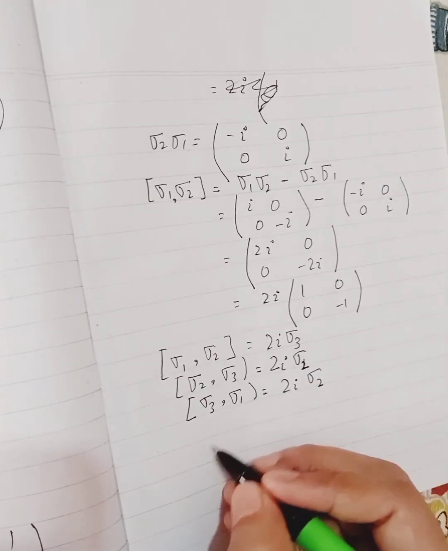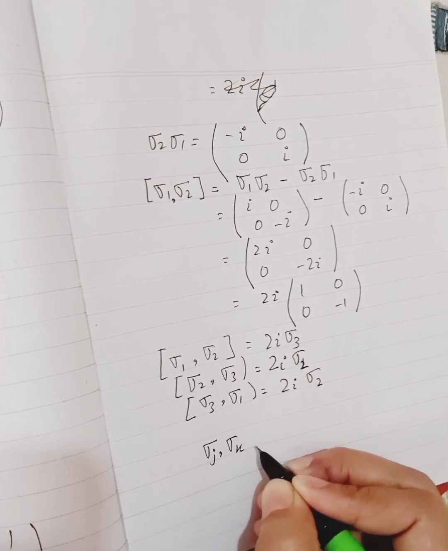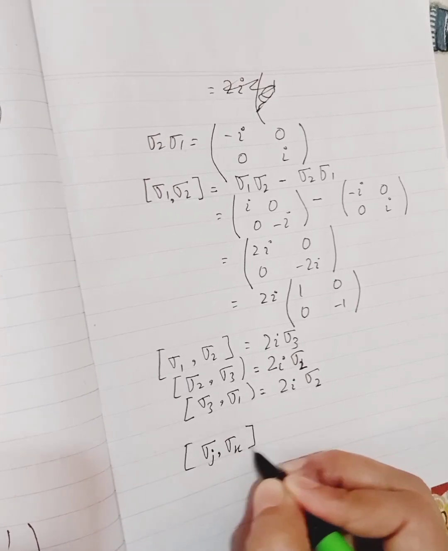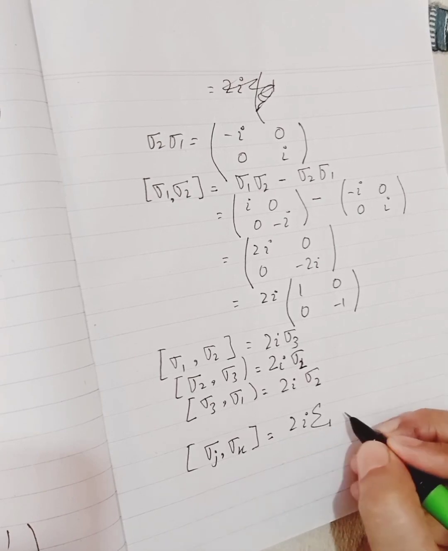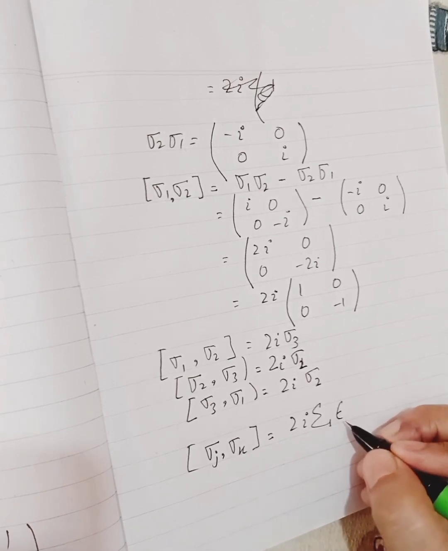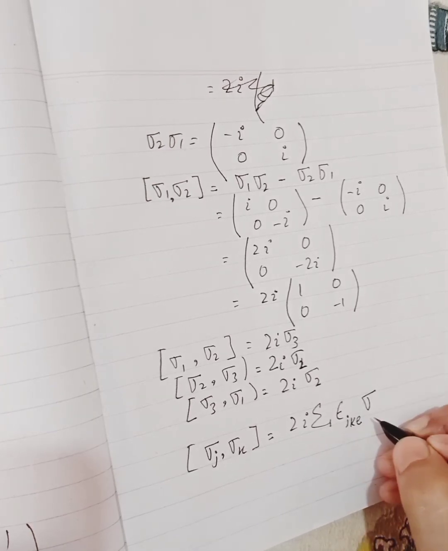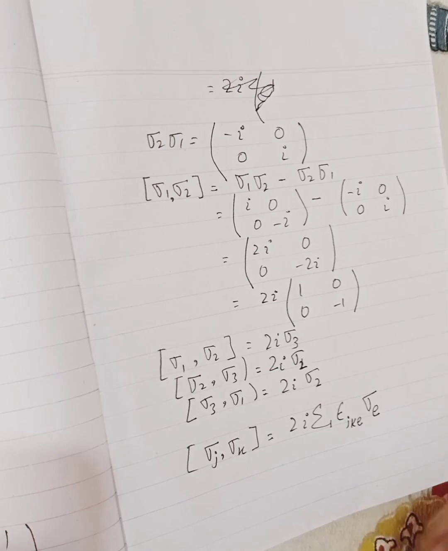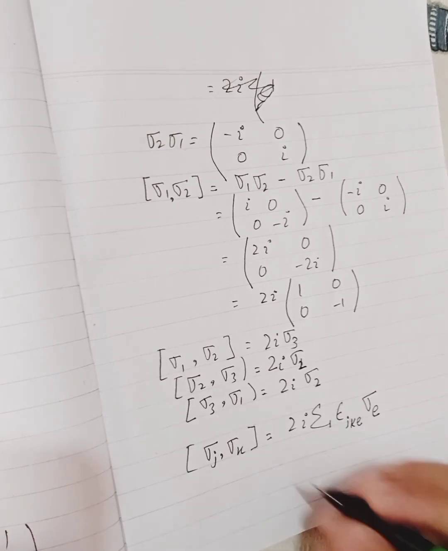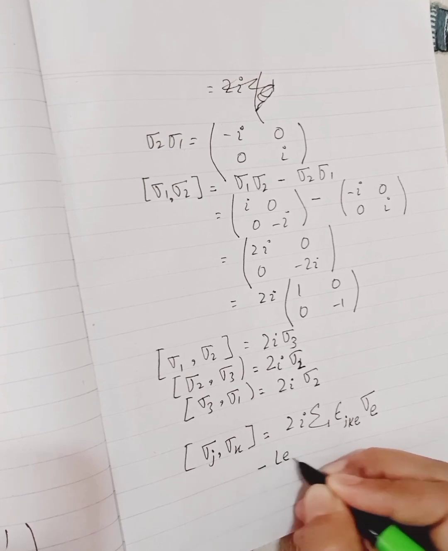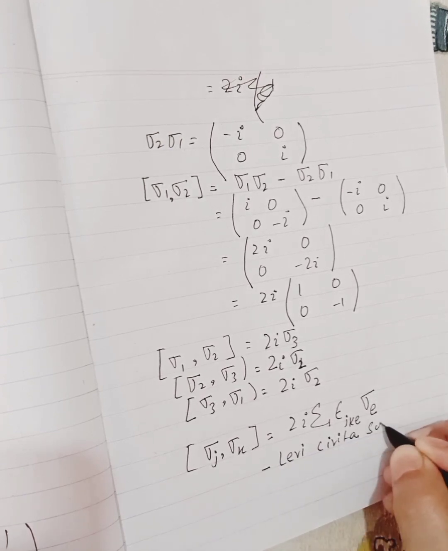So we can write [sigma j, sigma k] is equal to 2i summation epsilon jke sigma e. This is called the Levi-Civita symbol.